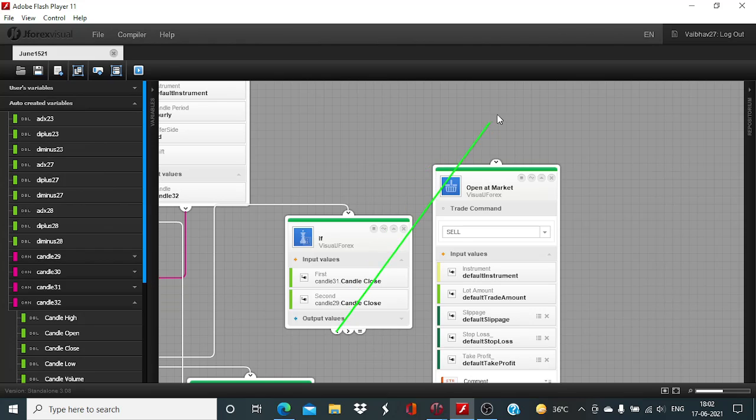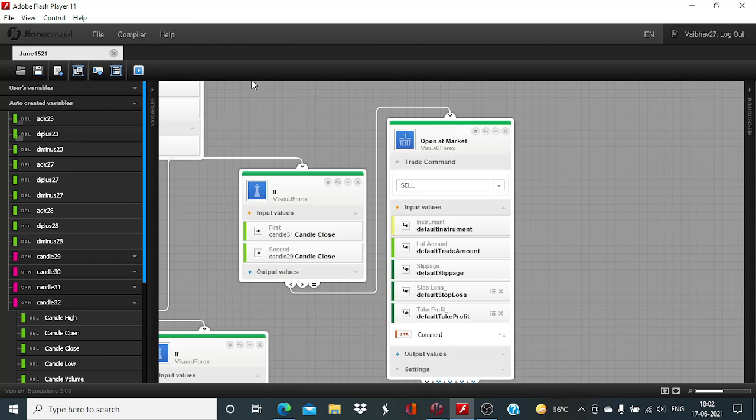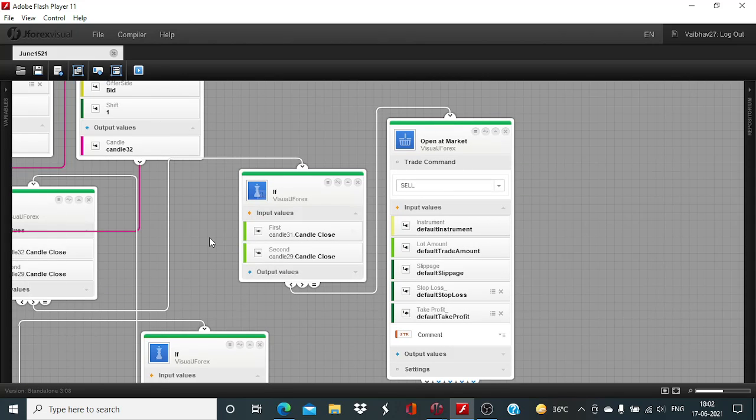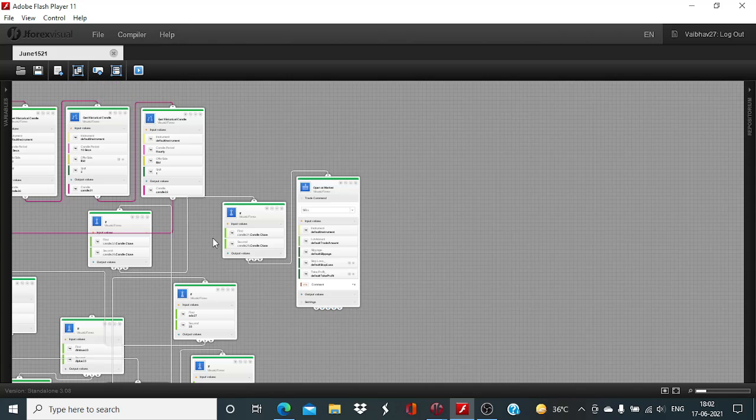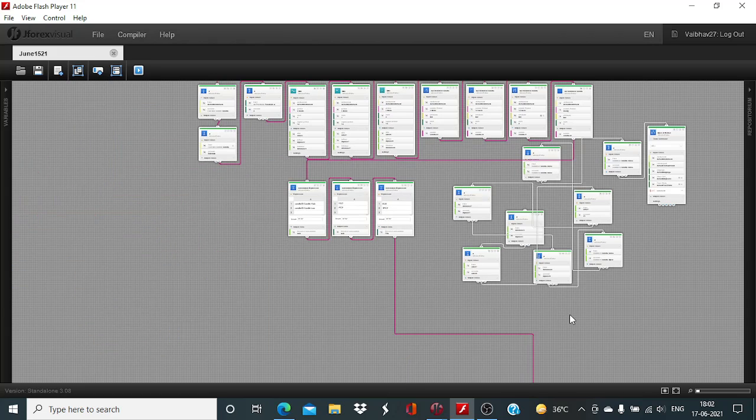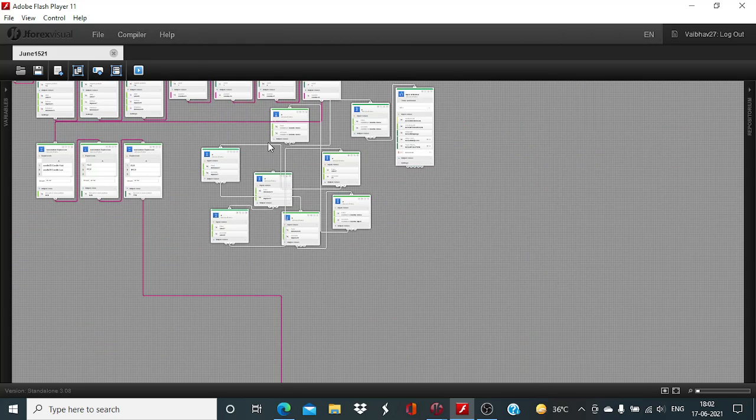First input less than second input. Okay. So now let us arrange these if blocks on the lower side.